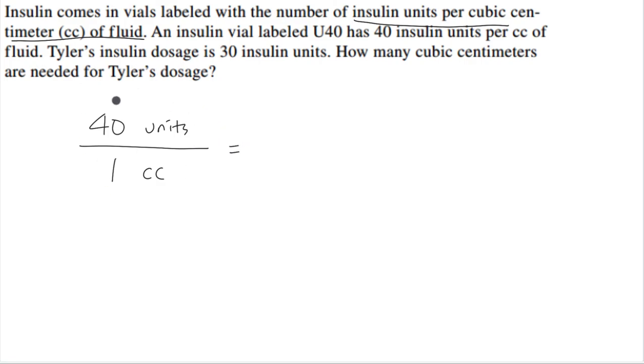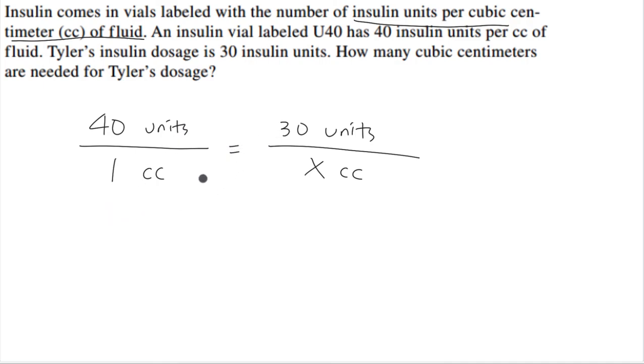With this ratio, now Tyler's insulin dosage is 30 insulin units. So you see, I put units in the numerators, right? And you need to figure out how many cubic centimeters are needed for his dosage. Using number sense, it will be less than 1, right? Because we have fewer units. So you can check your answers in that way.